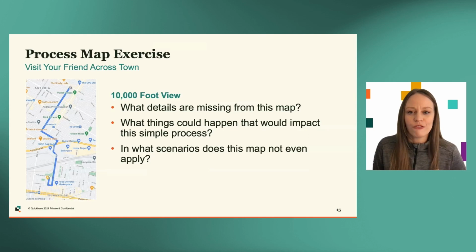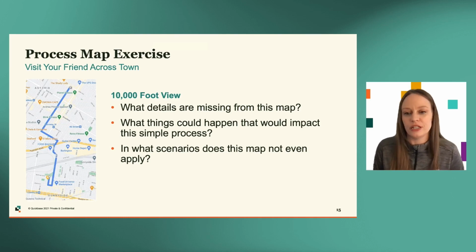Okay, so for our exercise, a very quick and easy exercise, you can see on the map here, this is a map with a starting point of my house going over to the beer garden across town to visit a friend. And the purpose of this exercise is to really understand, this is our 10,000 foot view. When a group comes to you and they say, we have a very easy process.